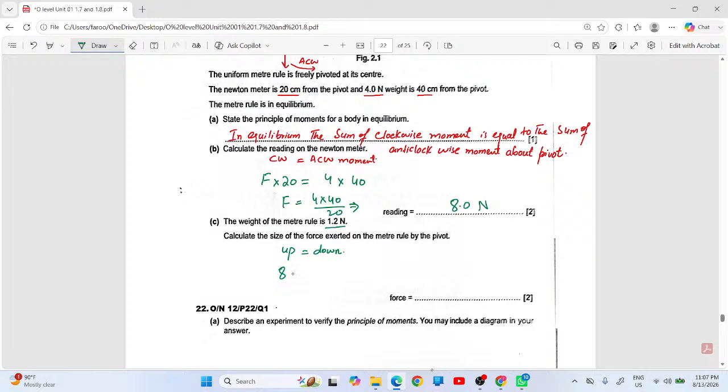Upward is just 8, downward is 4 plus 1.2, which becomes 8 minus 5.2. So 8 minus 5.2 gives 2.8.